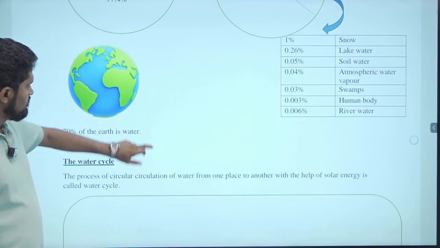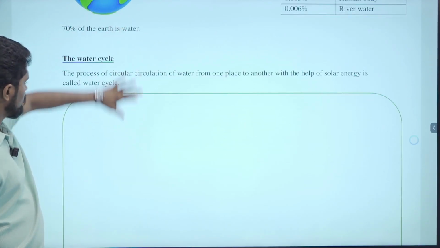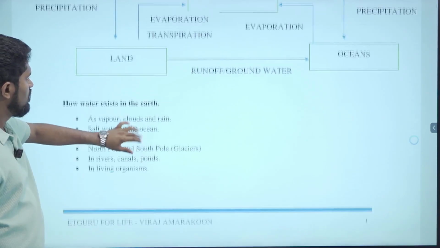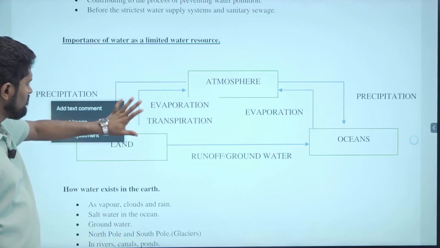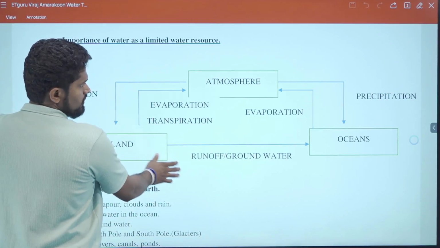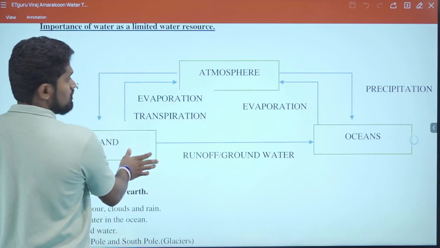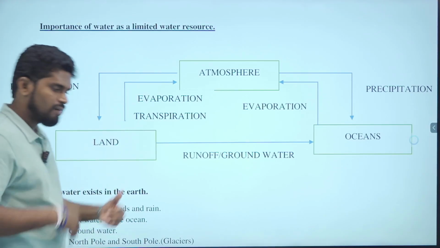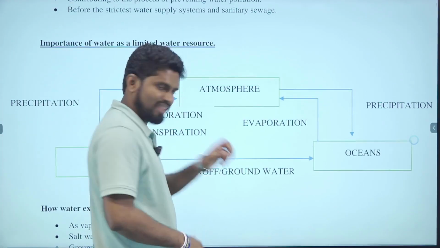Okay. Then next part about the putte, the water cycle. Okay. And putte, if you think about this chart. Okay. We are going to think about this chart. And putte, what happened to water? Putte මේ water කියන එක එක තැනක තියනවද?